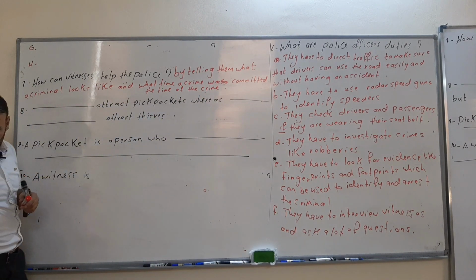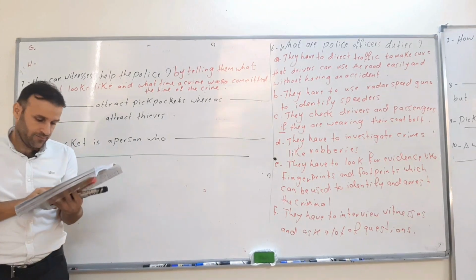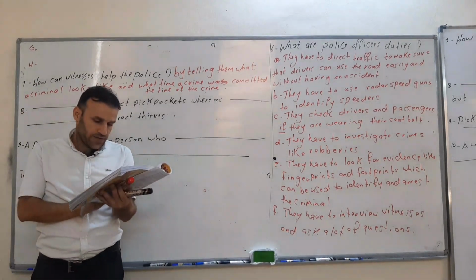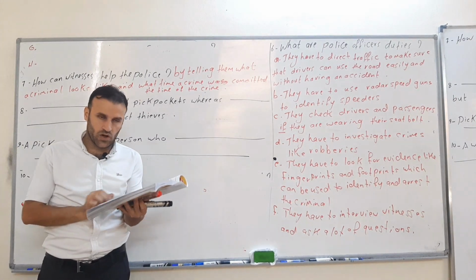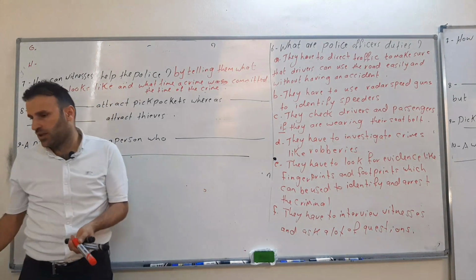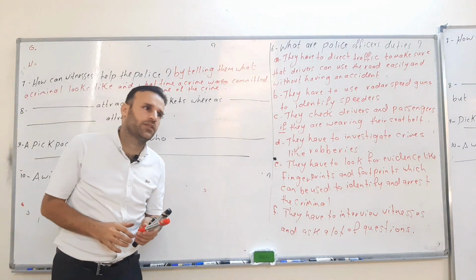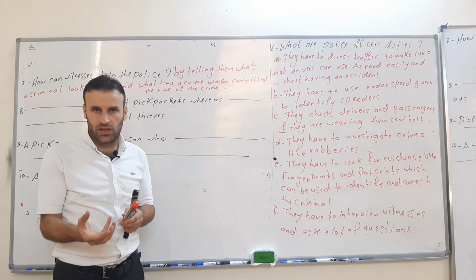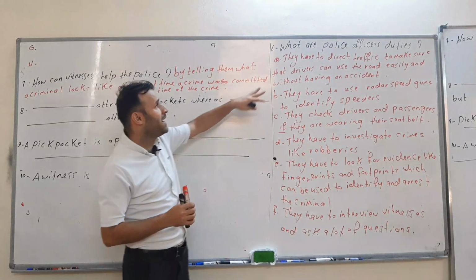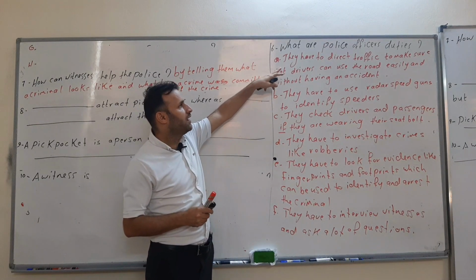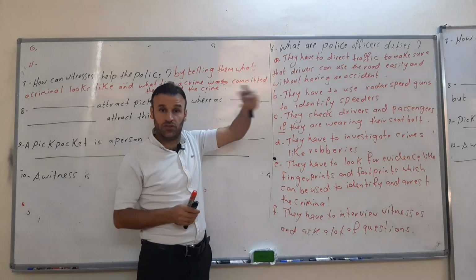So let's go to the last passage. I'm going to read it. Police officers try to prevent crimes as well as solve it. Prevent crimes meaning not to allow for the crime to be committed. Okay? So one point, I'm going back to question number 6. This is one of the police also duties.